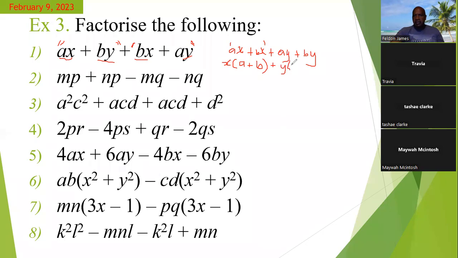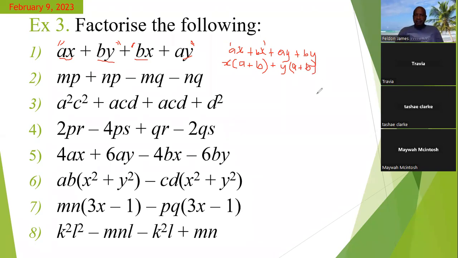Y into AY, the Y's cancel, leaving A. So we open the bracket, put A, and keep the plus sign between them. Then Y into BY, the Y's cancel again, leaving B. So we put B in the bracket, then close that second bracket.